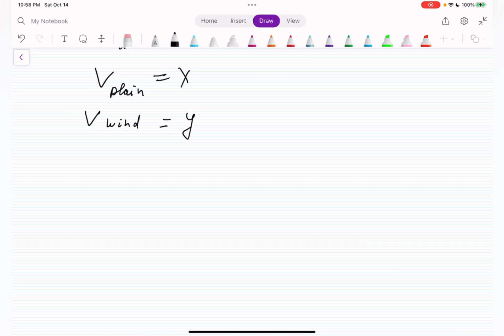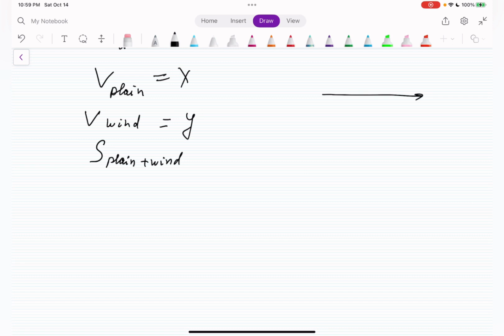So, what do we have here? A plane traveled 2,520 miles with the wind. So the distance is the speed of the plane with the wind plus the wind. So here is the thing. Let me explain something very simple.